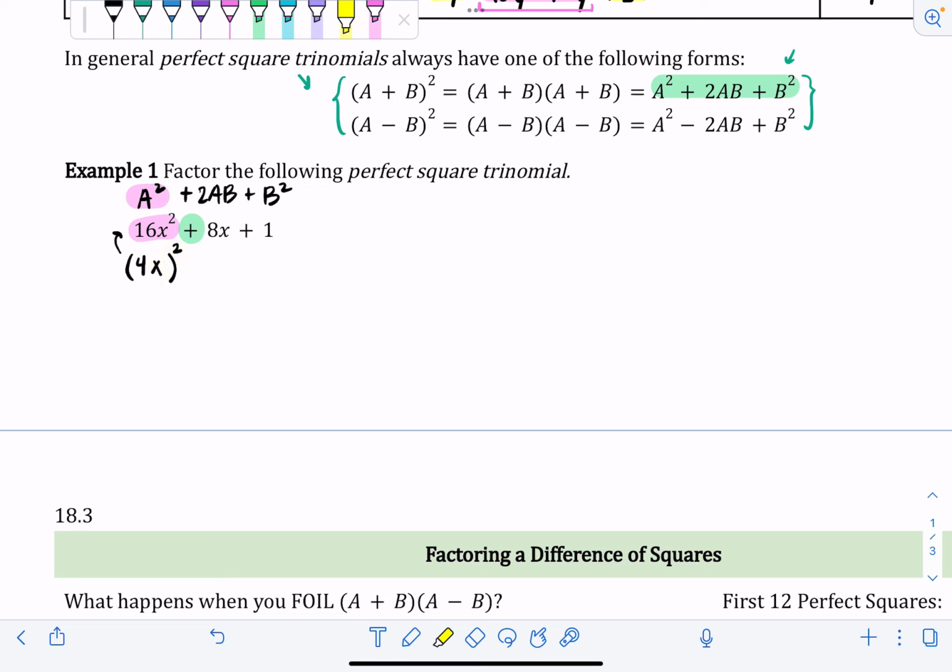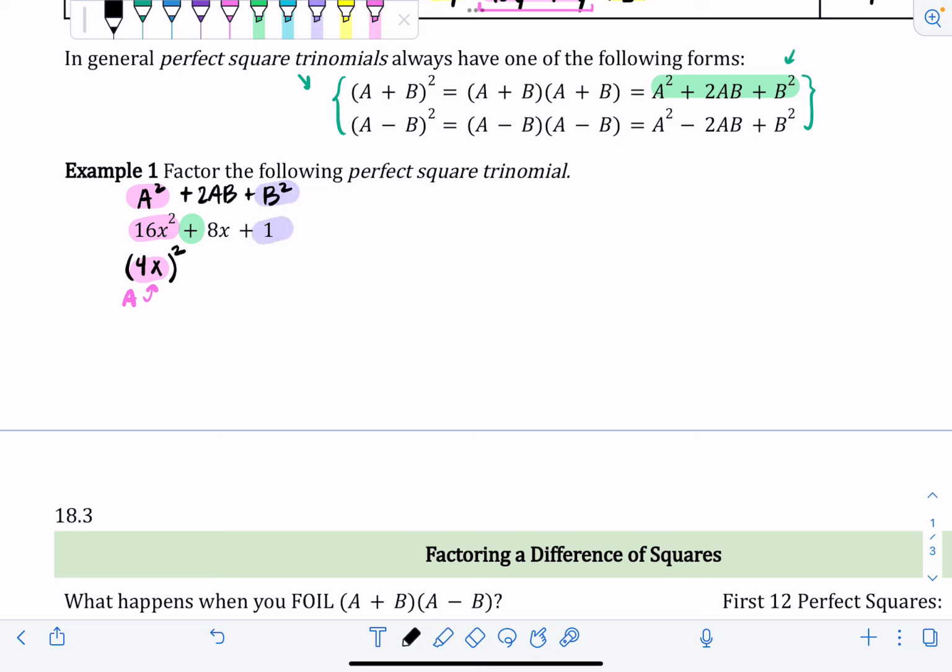Okay, so now this helps me see, what is my a? Oops, I accidentally erased the squared. My a is just what's inside the parentheses, it's 4x. And then I actually like to do the last part next, the b squared part. So in the spot of b squared, there's a 1.